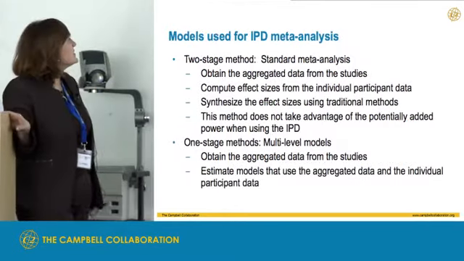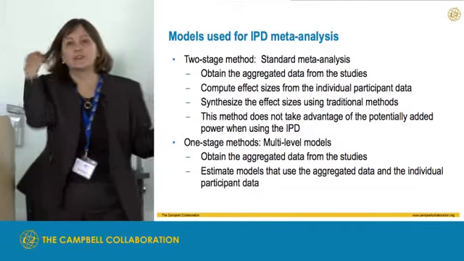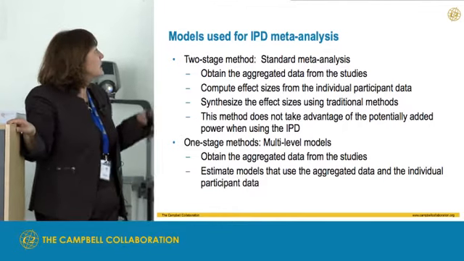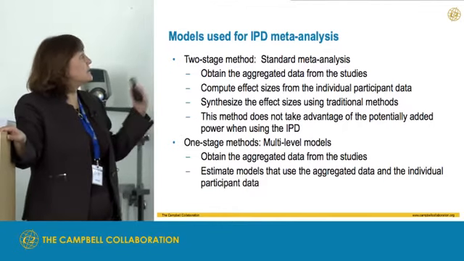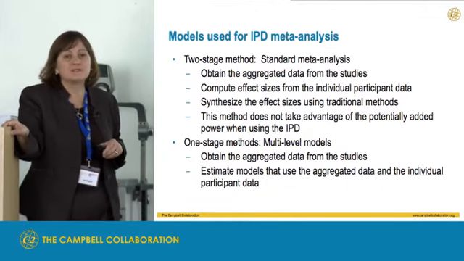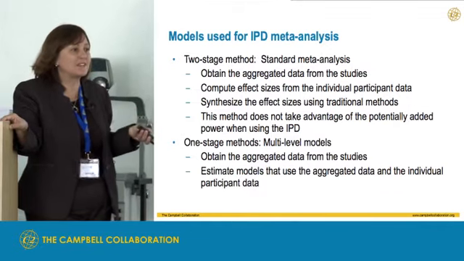Okay. So there are two methods people use to incorporate the individual-level data. One is the two-stage method, which is a standard meta-analysis. You just happen to have the IPD.